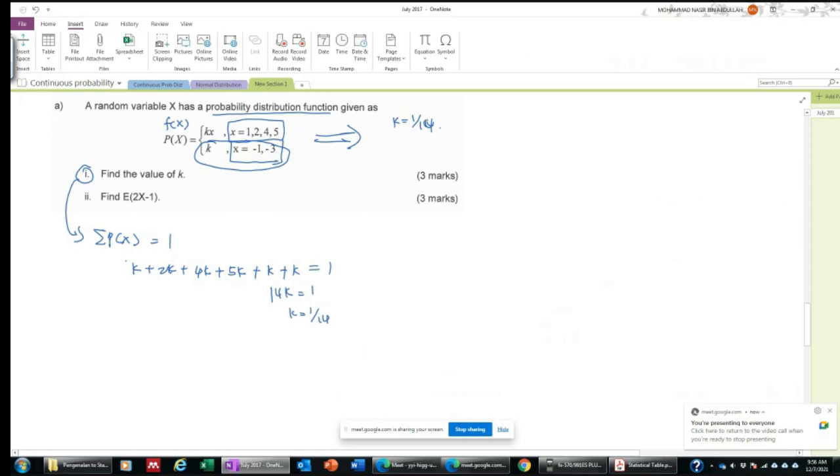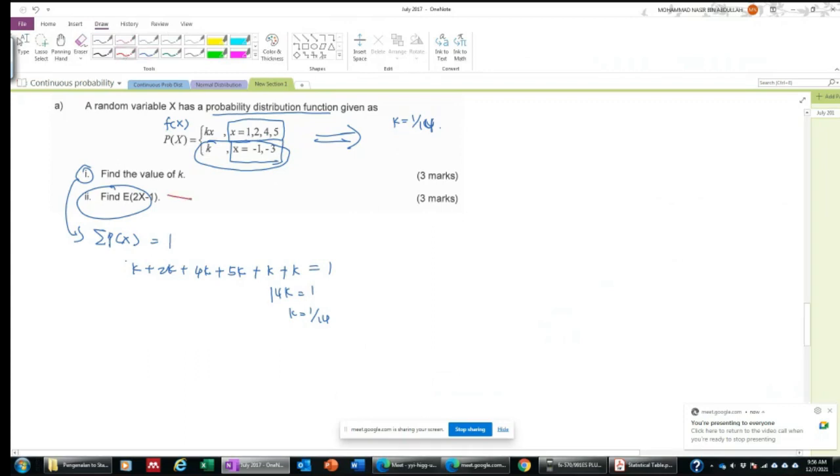Right. So now we need to find the value of the expected value of 2x minus 1. So expected of 2x minus 1 is equal to 2 multiplied by expected of x, minus 1. So we need to find the value of expected of x.